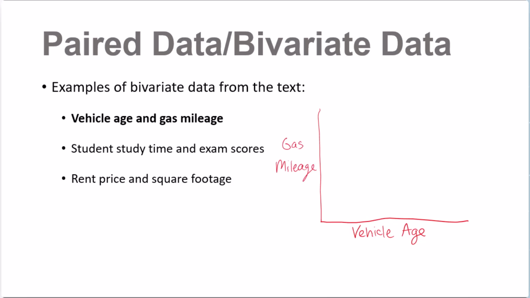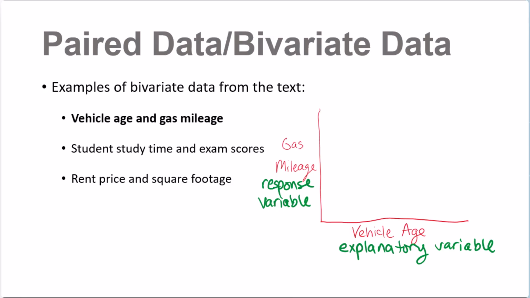In many cases, you could flip-flop and put either variable on either axis, but we're going to want our explanatory variable to be on the x-axis. This is where we would normally put the independent variable. So in statistics, we call this the explanatory variable. And then the vertical axis, or the y values, would be the response variable.